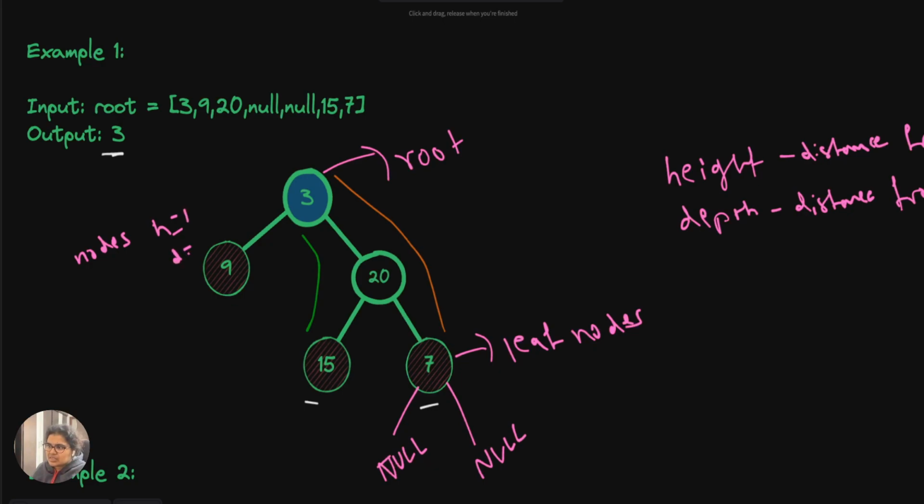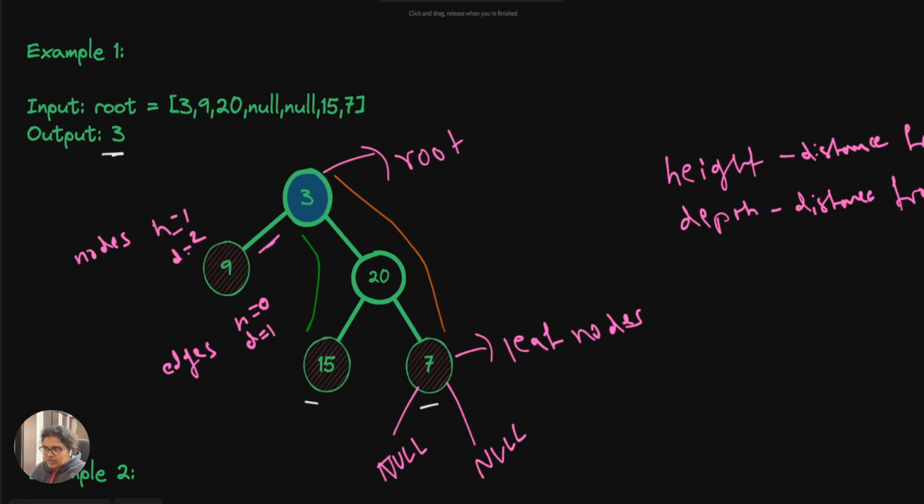Depth is the distance from the root. Okay, so there are 2 nodes in this path from the root, so depth is 2. Now the same thing in terms of edges would be one less basically. Okay, height would be 0 because there are no edges and it is a leaf node, and depth would be 1 because it is only this path.